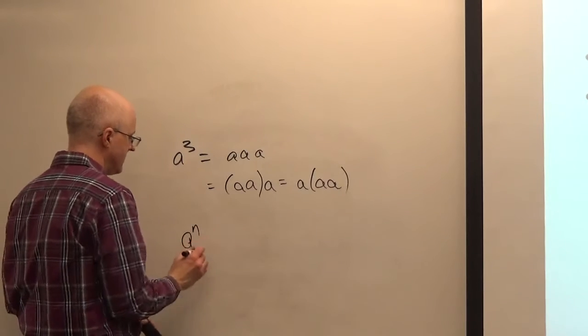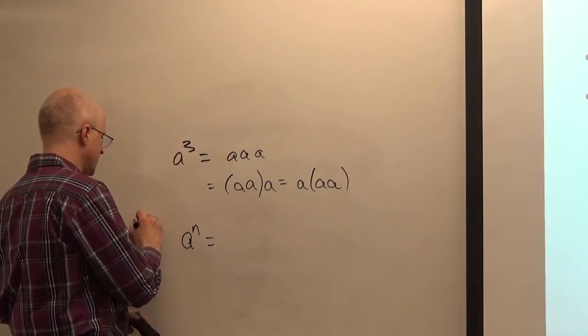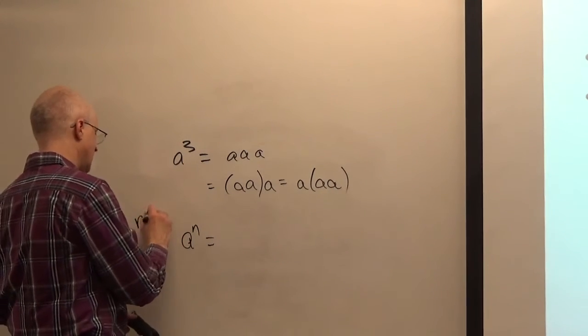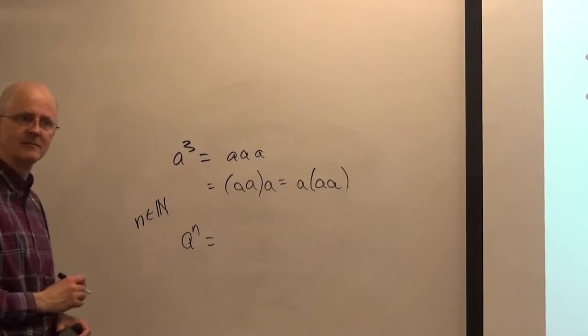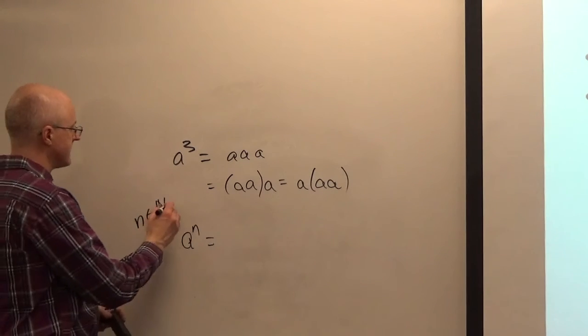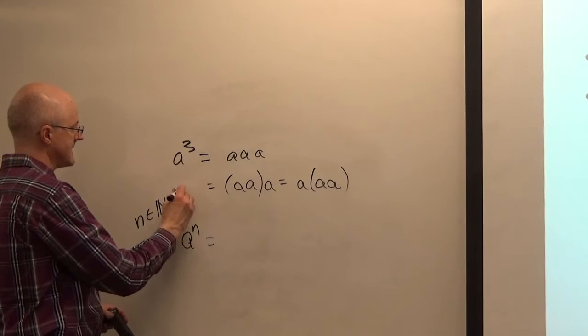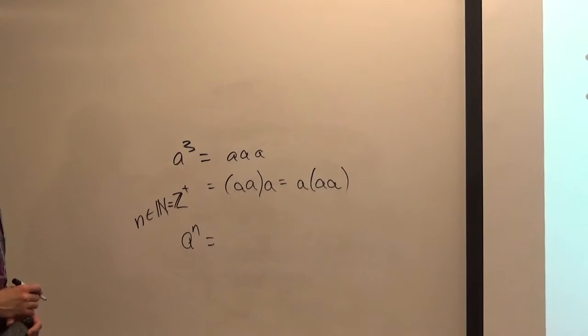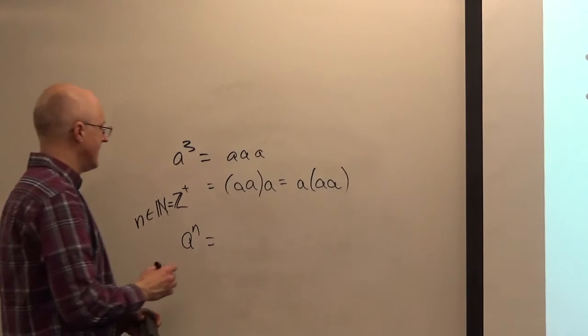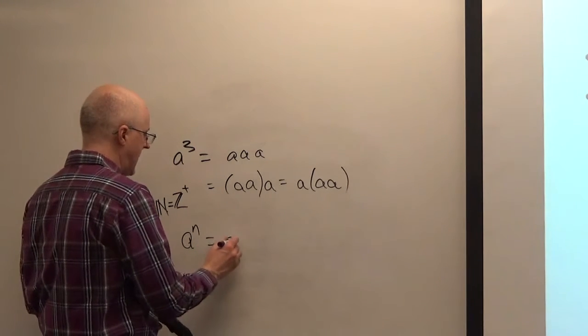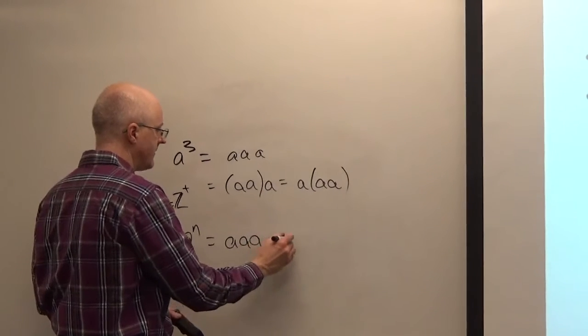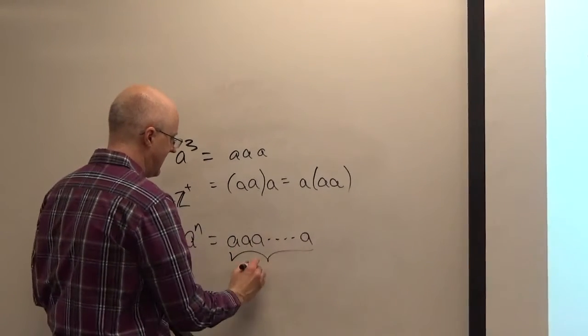In general, if n is a positive integer, a natural number, sometimes positive integers are also denoted as the set Z plus, then a to the n would be a times itself n times.